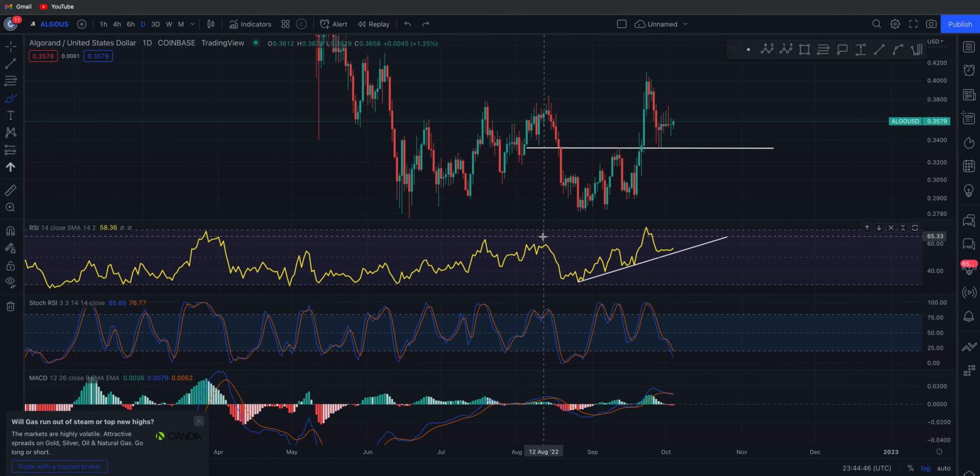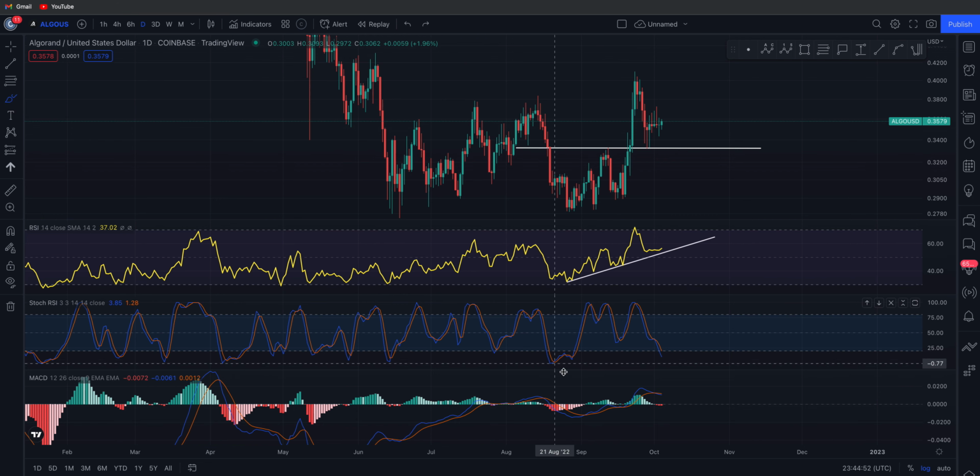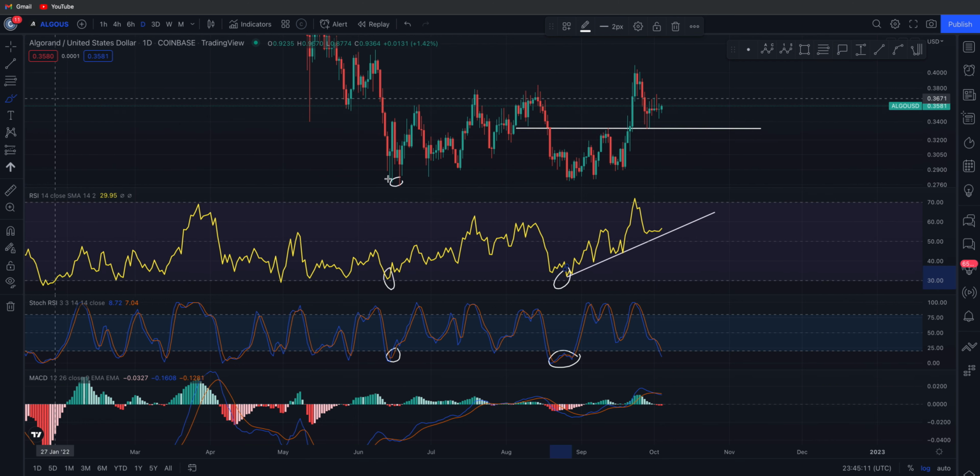Now if we look at the Stoch RSI, this indicator here, what this basically points out is when you're here, you're in the oversold areas of the RSI. So if we look back at these points, when the RSI was down here, look where the price action was. When you're in the floor in the RSI or the Stoch RSI, these offer opportunities where you can be looking for some sort of relief bounce.